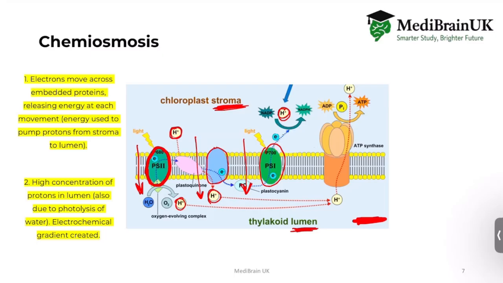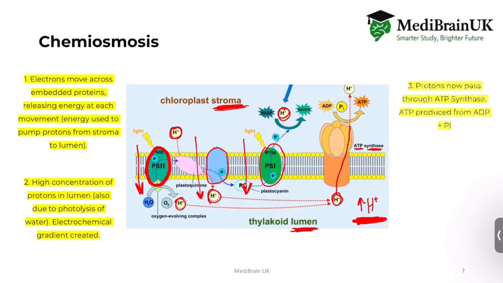Now, what's going to happen is because you have a high hydrogen ion concentration on this side, the hydrogen ions are going to pass through this structure over here, called ATP synthase. Whenever hydrogen ions pass through ATP synthase, they're basically going to produce ATP.